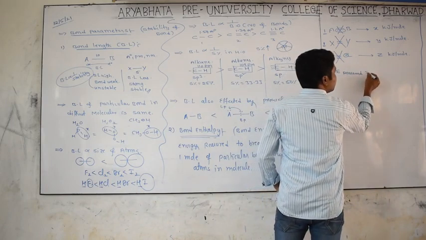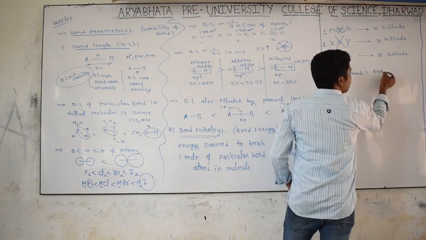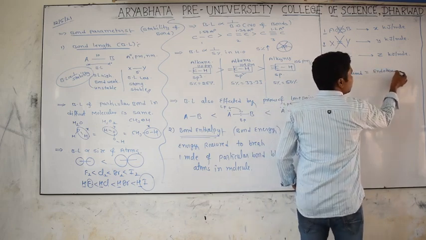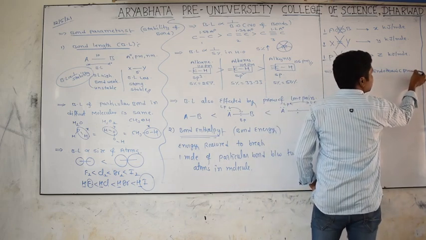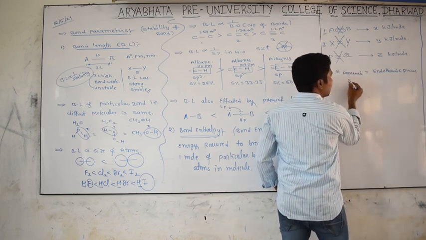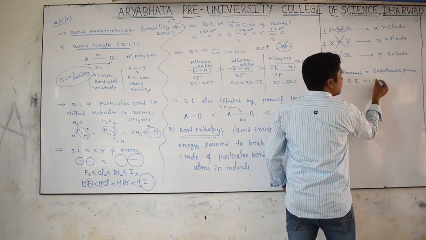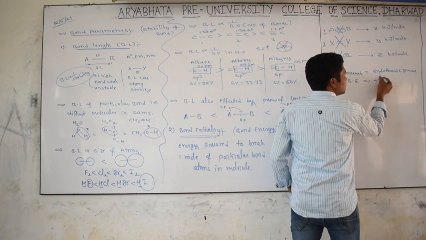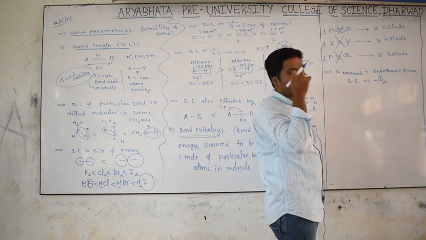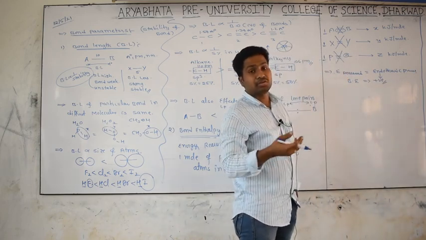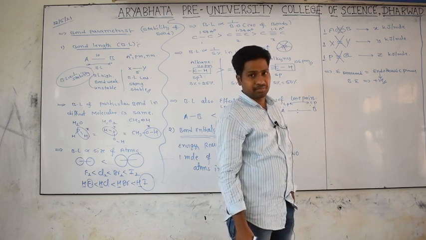Energy required means which process? Endothermic process. Always bond energy or bond enthalpy values should be positive, because for all endothermic processes energy values are positive, and for exothermic they are negative.